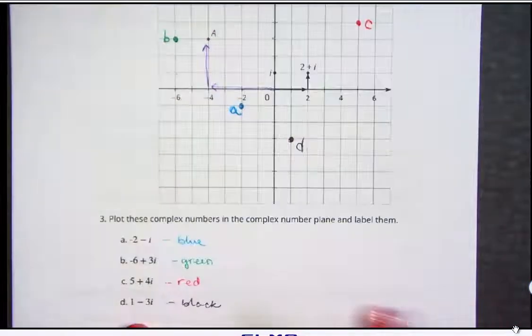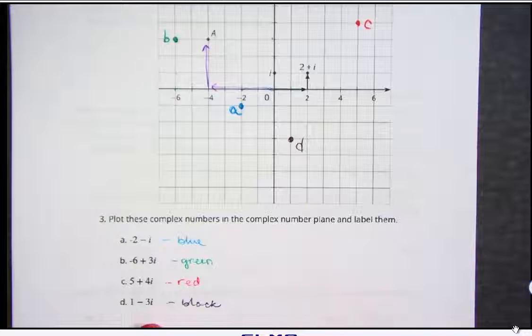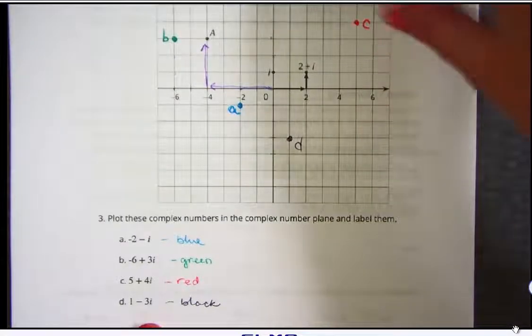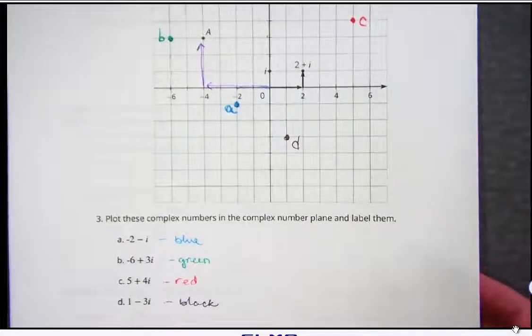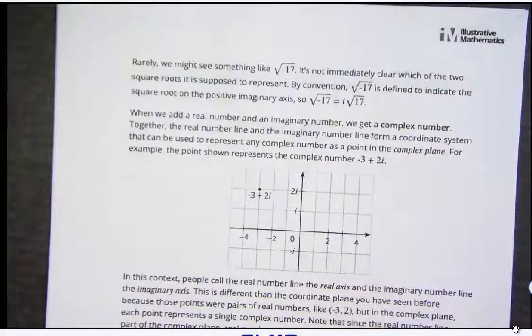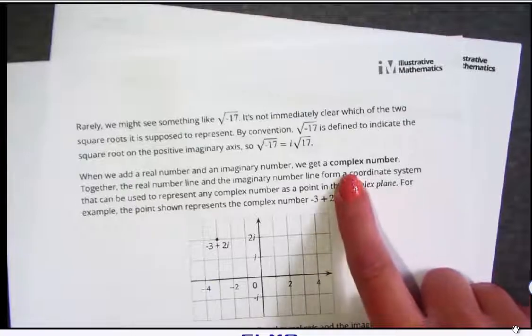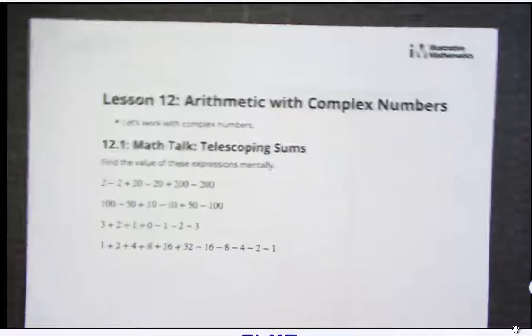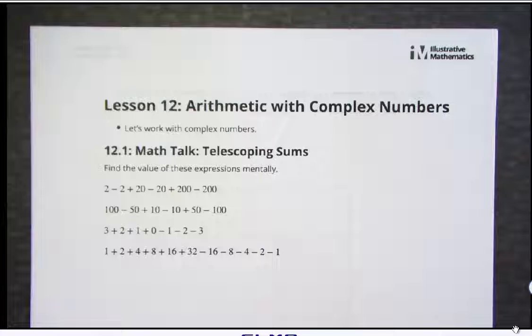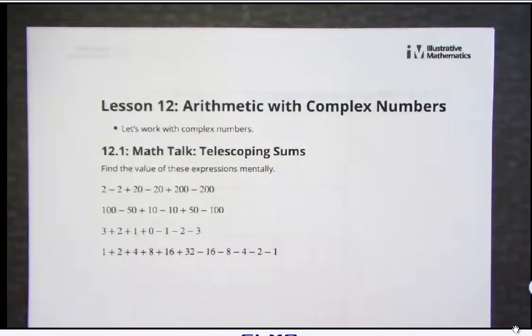And then what that does is leads us really, really nicely into continuing into lesson 12. So now that we know what a complex number is, nice reminder here with our summary, let's take a look at lesson 12 and see what we can start now doing with these complex numbers.